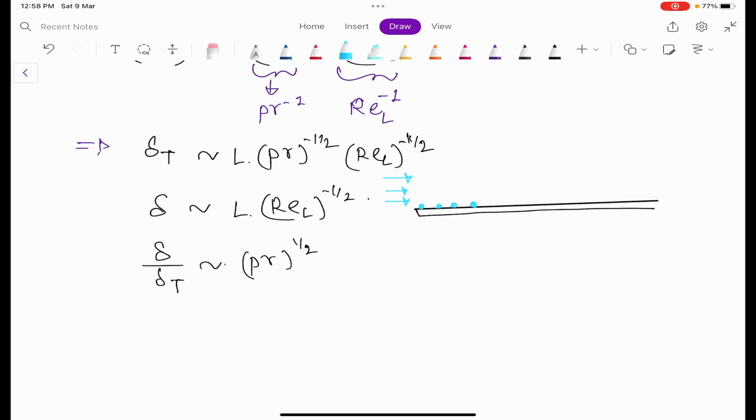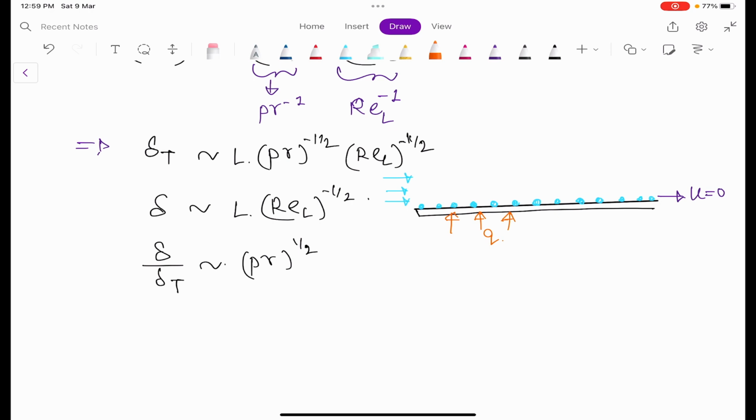By virtue of the no slip condition, these molecules are at rest. So at this layer u is 0 because the plate is also not moving, and here I am supplying some heat, some Q. This Q can be varying with x, or constant with x.